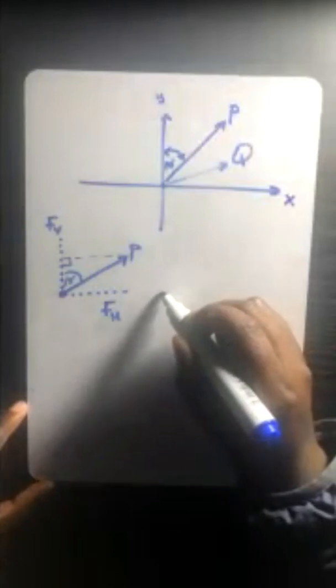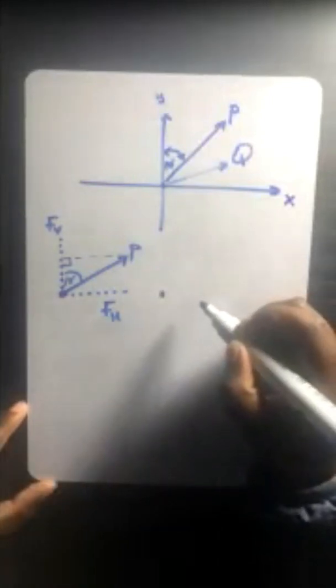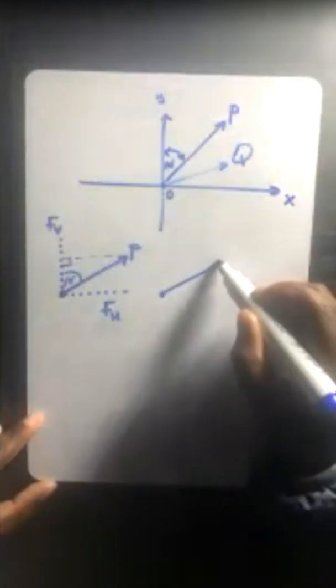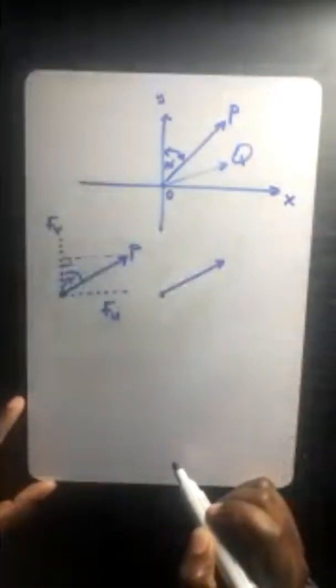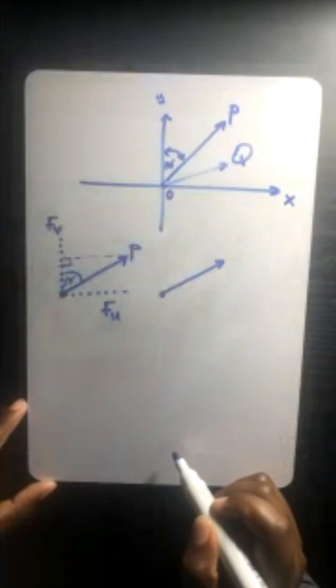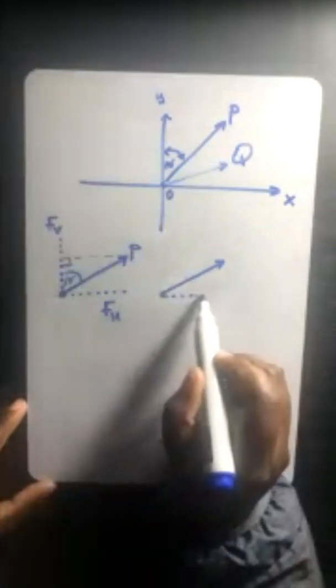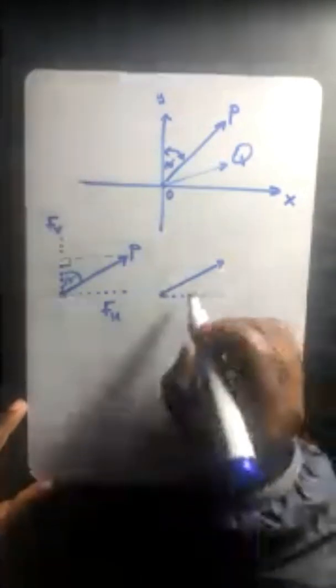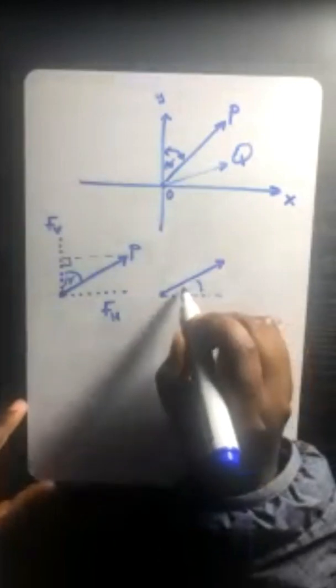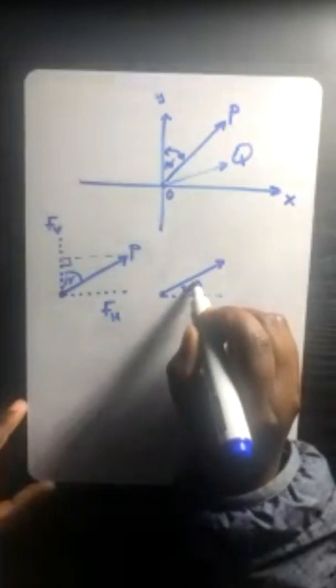So let's do the same for the force being applied by Queen. We have the origin there, and Queen is applying a force in that direction, at an angle of 30 degrees. 30 degrees to what? To the horizontal. So this is the angle formed, which is 30 degrees.